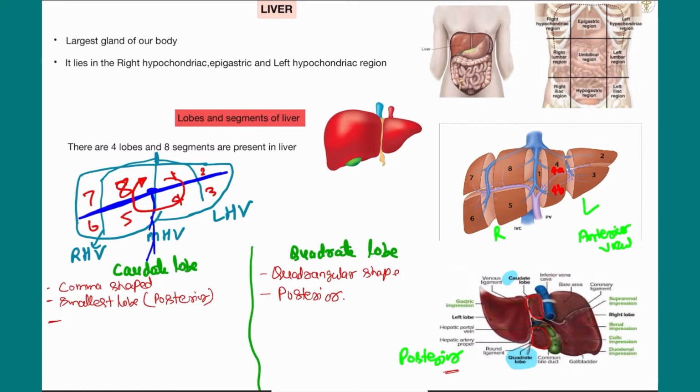So please learn this. It is sandwiched between the inferior vena cava and ligamentum venosum.